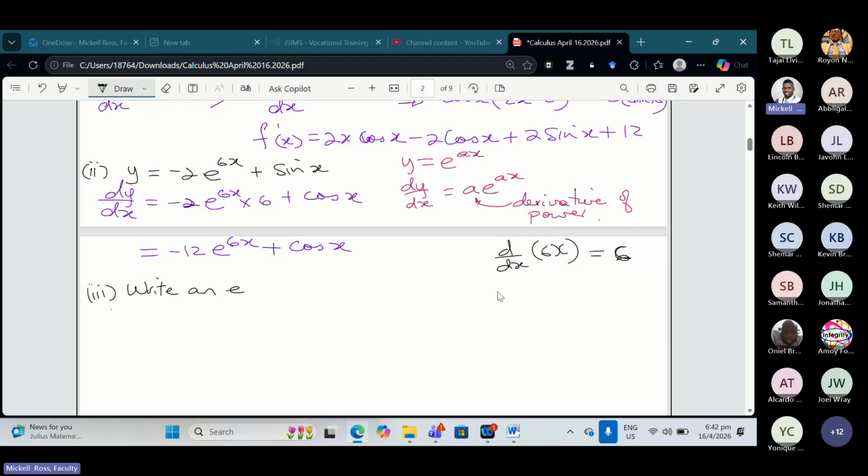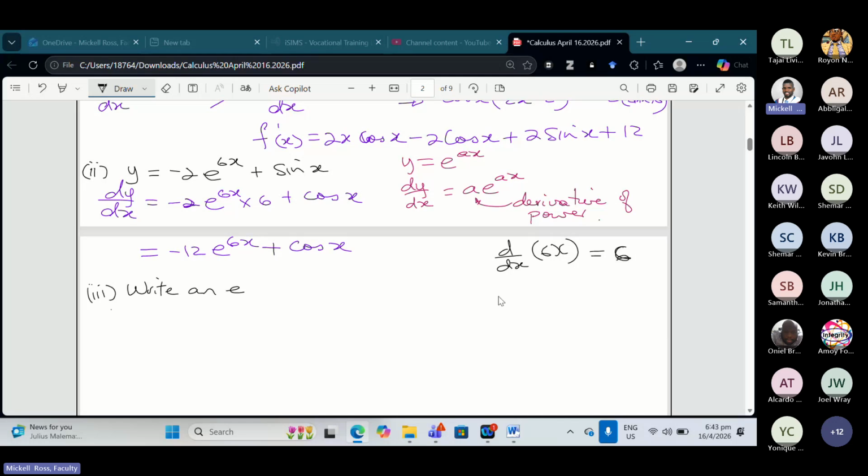And if you're not sure, then you can say, sir, how did you get the 6? Because that's what we're about. And I'm not asking you because I want to pick on you or anything like that. I'm asking you because I want to ensure that you are sure going into the exam. You must know.